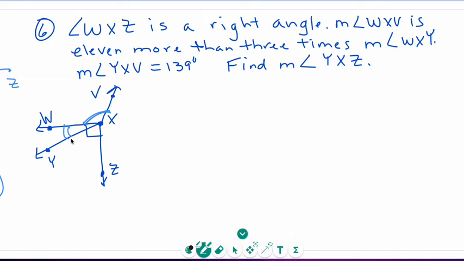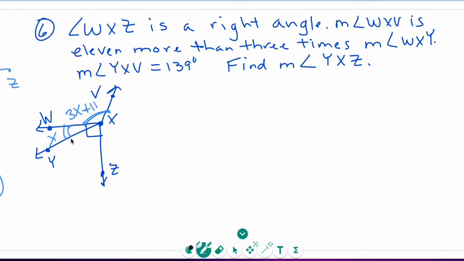So if I have 11 more than another angle, that first angle is going to be X. And then 11 more than 3 times that angle, I'm going to have 3 times the angle. And then I'm going to add 11 more to it.